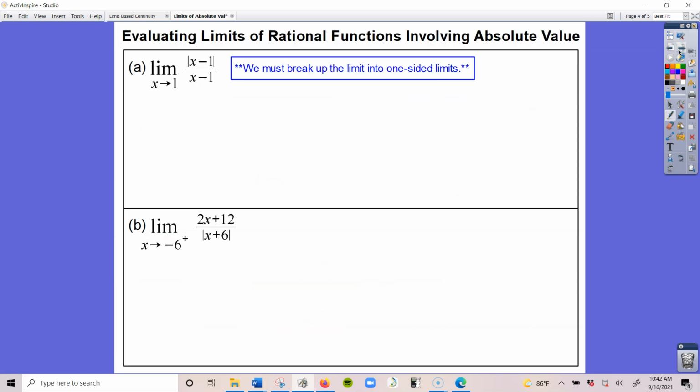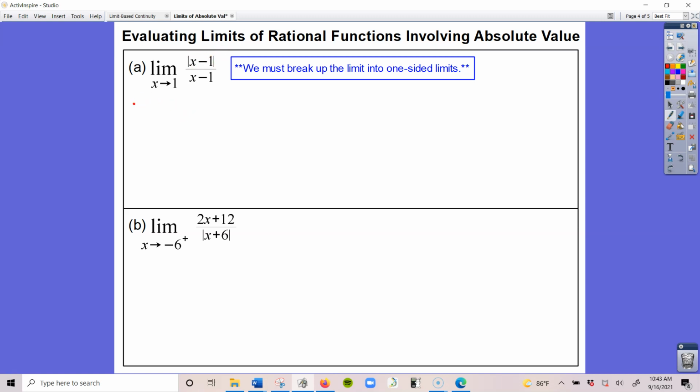Now let's look at evaluating an absolute value function where it's also a rational function. For example, in this first one, we have the limit as x approaches 1 of the absolute value of x minus 1 over x minus 1. We first have to take that absolute value part only and rewrite it using our pieces.